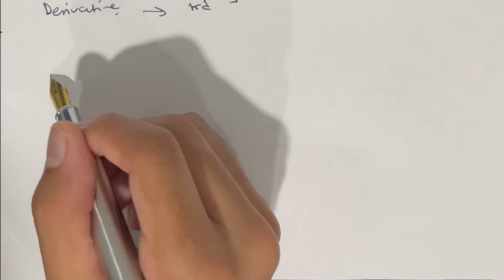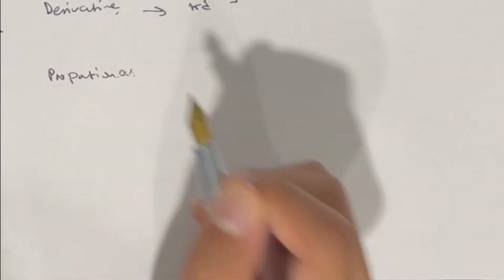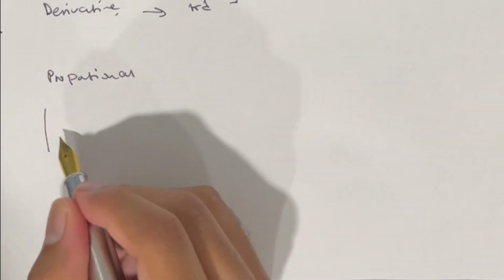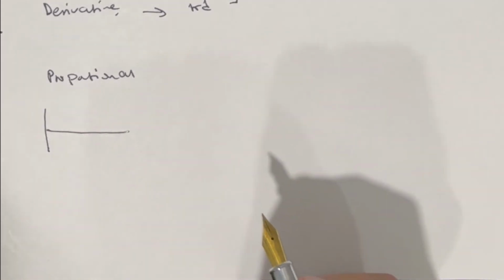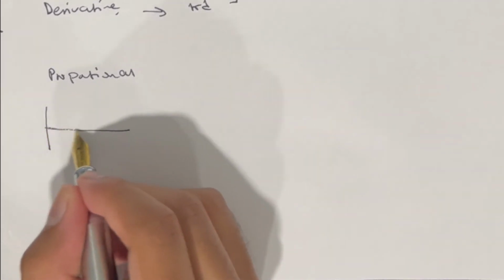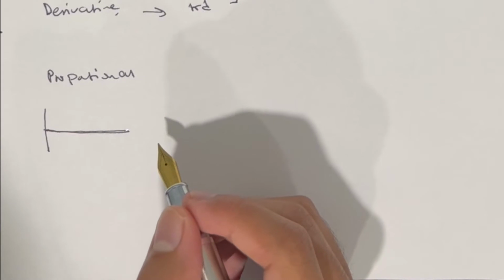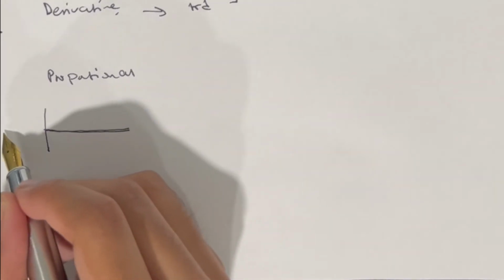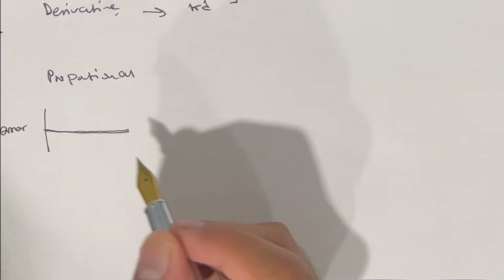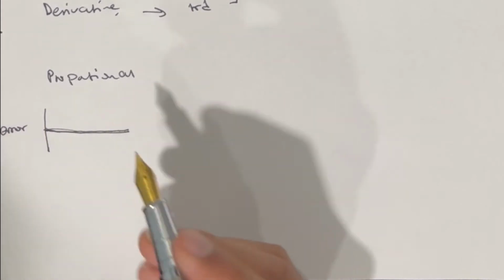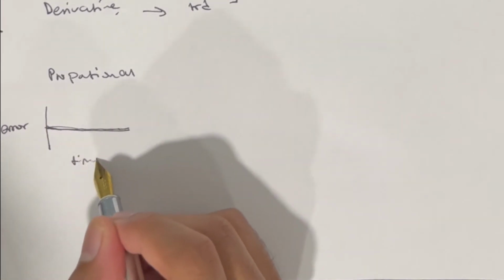So to start off, proportional would generate a graph like this if we were to plot where the color sensor is over time. So this would be the center of the line, or the target that we want to reach. And what I'm going to plot is the error, or the distance from the center of the line, and we're going to do that over time.